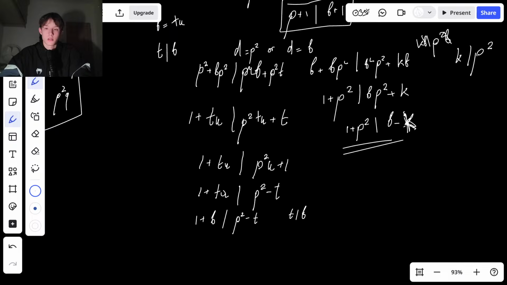So that's like a separate case. If p squared minus t is less than 0, then p squared is less than t, and t is less than b, so there's absolutely no cases. And t then must be equal to p squared, and that's the only case.